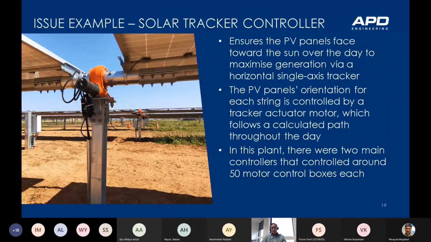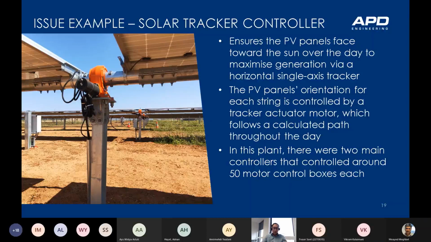The device that best illustrates how unpredictable these communications issues can be is this one. This is the solar tracker controller used on this particular project, and I'll quickly go through what the system does. It's essentially where the smarts are.